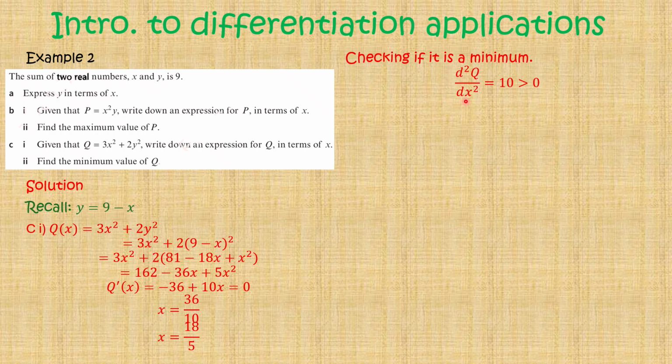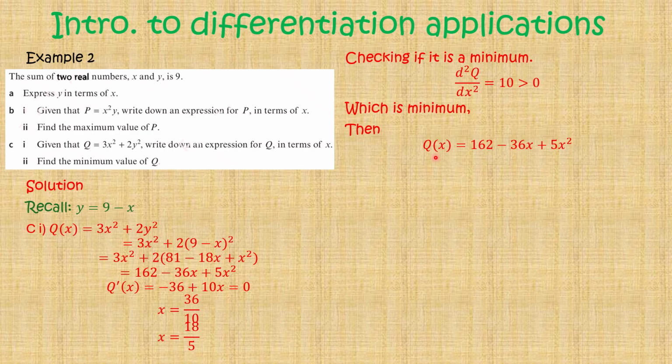Now we find the second derivative of q with respect to x. That would give us a positive 10. And this implies that the second derivative is positive, implying that this is a minimum point.